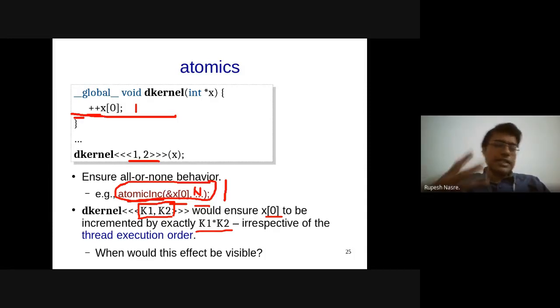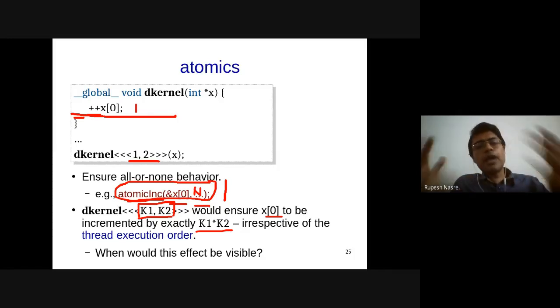Since this has come up as Jiva has asked, there are three kinds of operations which happen. You can divide the operations according to three parts, similar to the three important parts that we have decomposed our course in. One is computation, another is memory, and third one is synchronization. If it's a compute heavy part, that part should be as independent as possible, and typically that is the case.